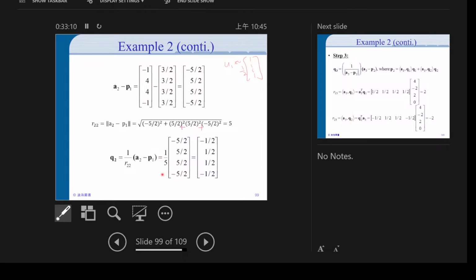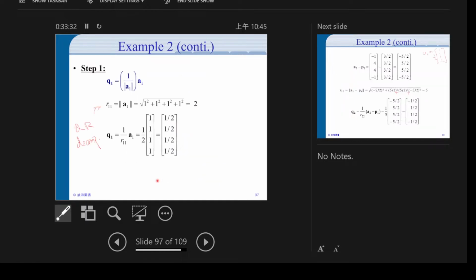You see that we have set up the numbers nicely, so we don't get square roots. If we had arbitrary numbers, you could expect lots of square roots. But in this nicely set up example, we see it's -1/2, 1/2, 1/2, and -1/2. So this is our Q2.